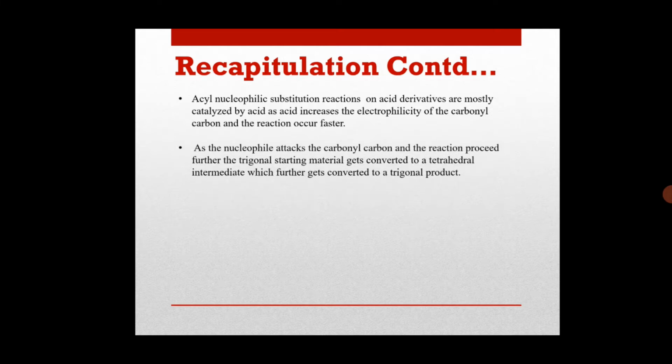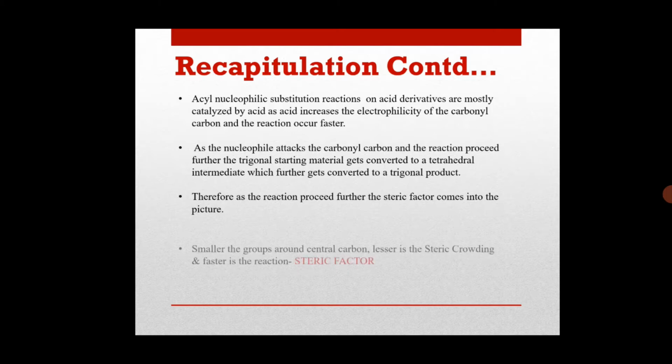As the nucleophile attacks the carbonyl carbon and the reaction proceeds further, the trigonal starting material gets converted to a tetrahedral intermediate, which further gets converted to a trigonal product. Therefore, as the reaction proceeds further, the steric factor comes into picture.